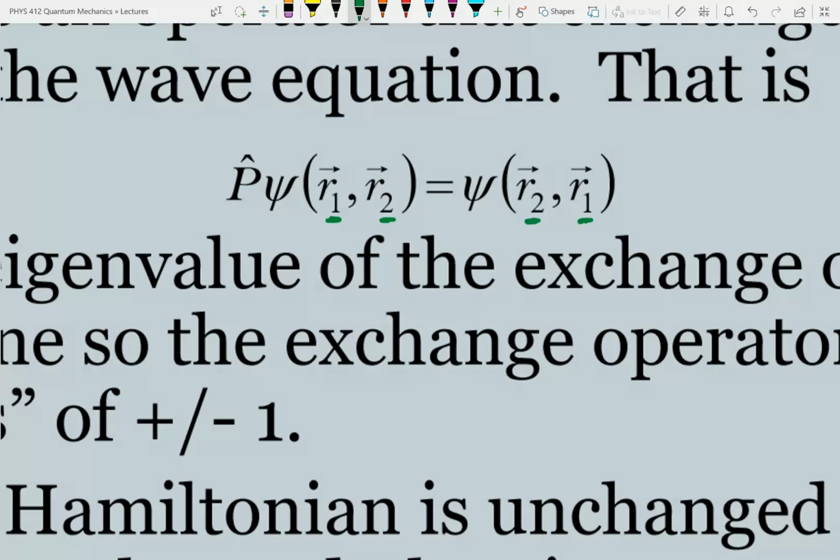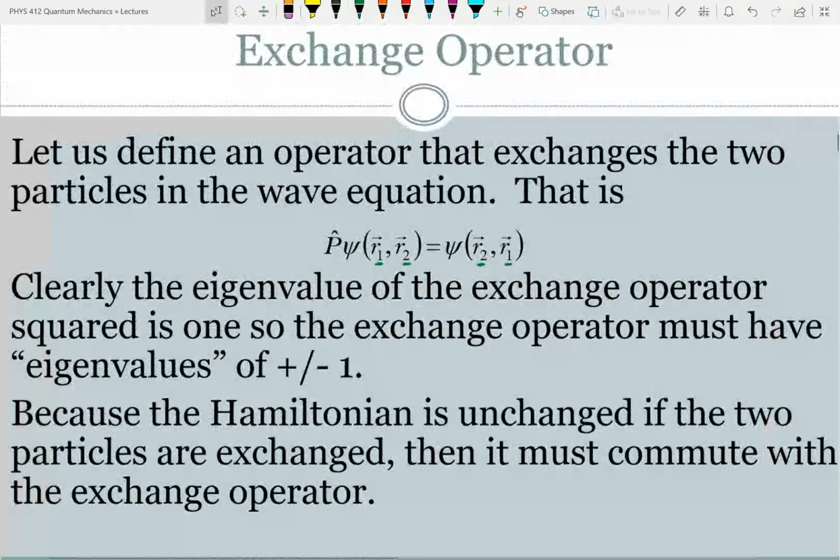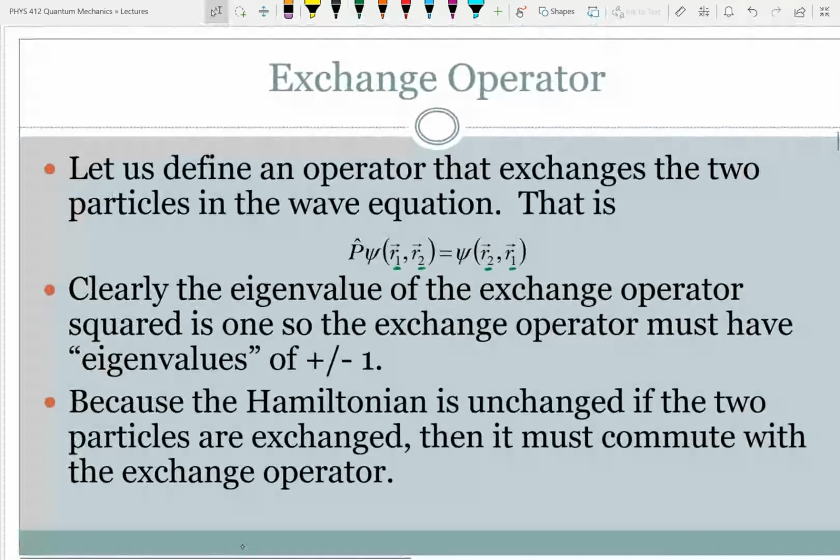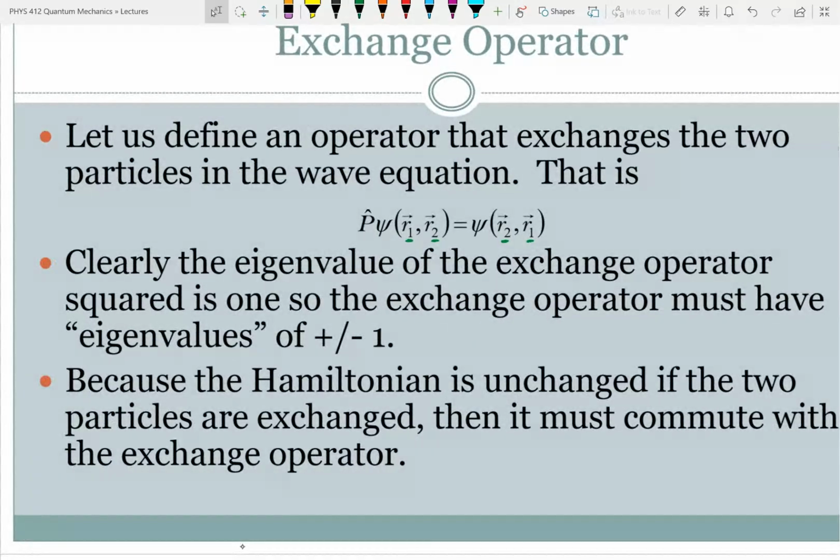And the eigenvalues for the exchange operator are that you're going to stay in the same state. Well, you have an eigenvalue of 1 when you exchange them. Now, I said you're going to have an eigenvalue of 1. It's the eigenvalue of the exchange operator squared that's 1.